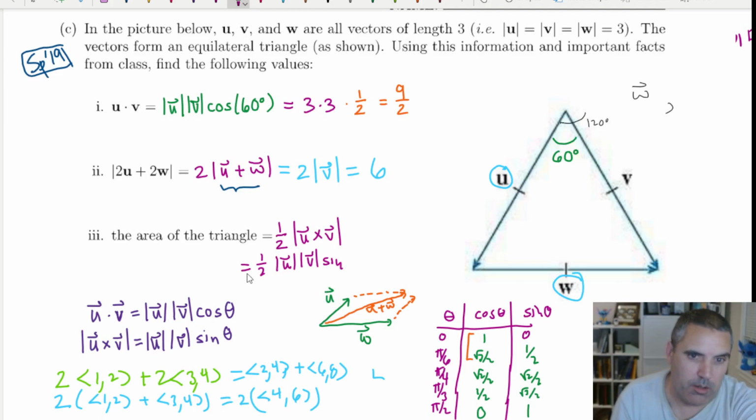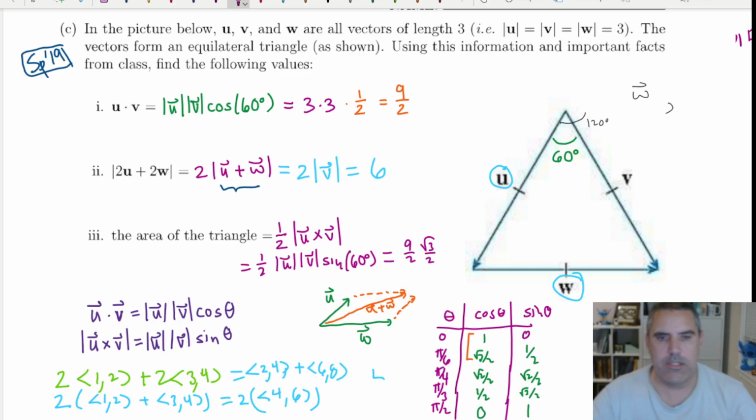Now we're talking about U and V, so I do get to use 60 degrees. And that's square root of 3 over 2. So it's going to be 9 over 2, because 3 times 3, square root of 3 over 2. Okay, let me know if I made some serious gaffe there, but those are the ideas. All right.